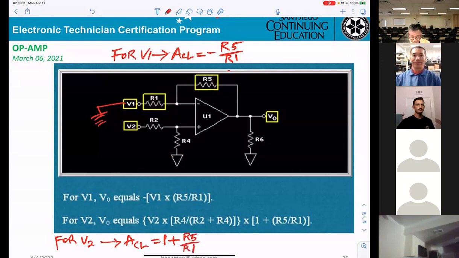Okay, and now if you want to calculate Vout, you take the gain times the Vin. However, Vin is not V2. Vin will be right here, I say VA. It has to be connected directly to the positive of the op-amp. So what does VA equal?